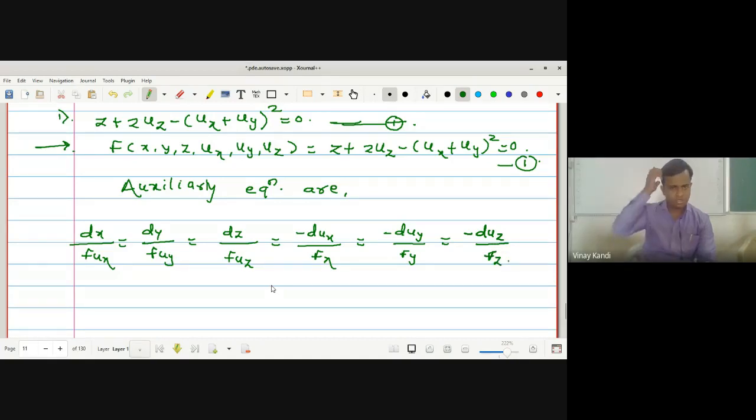So this is the auxiliary equation. Now tell me what is the value of fux, which implies dx upon what is fux? Differentiate f with respect to ux. What do we get?